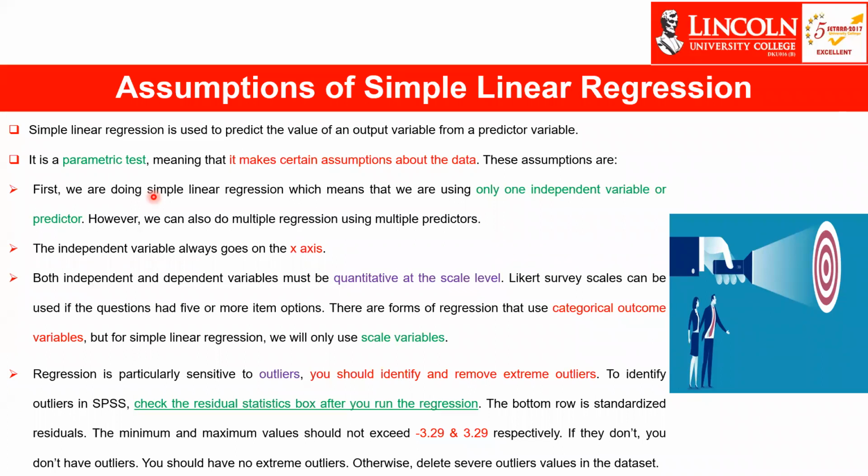Both independent and dependent variables must be quantitative at the scale level. Likert scales can be used if the question had 5 or more item options. There are forms of regression that use categorical outcome variables, but for simple linear regression, we will only use scale variables.